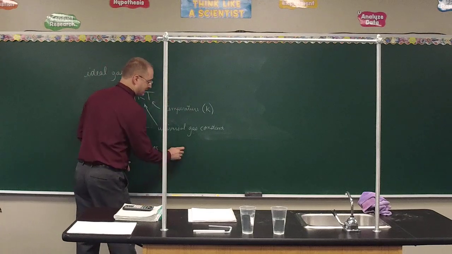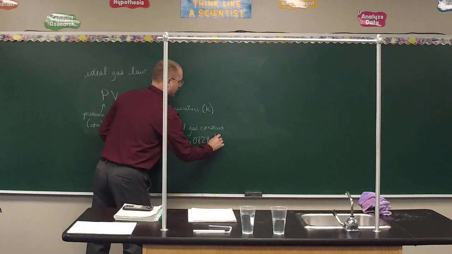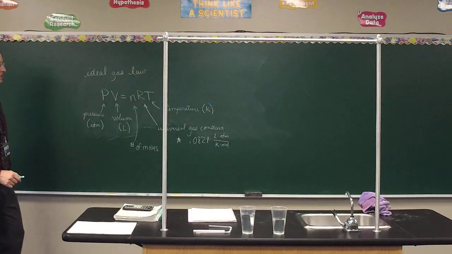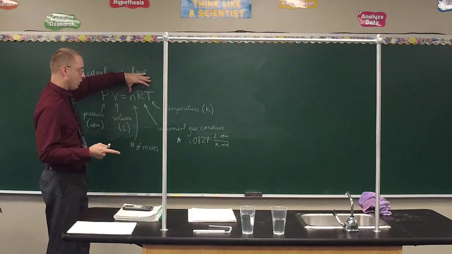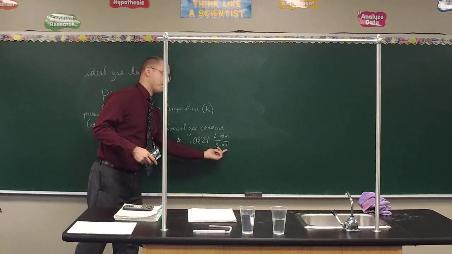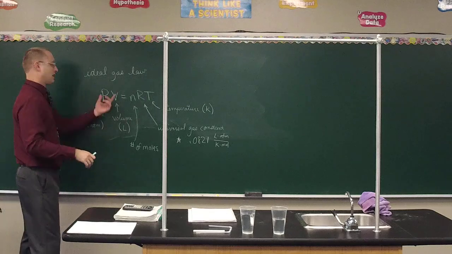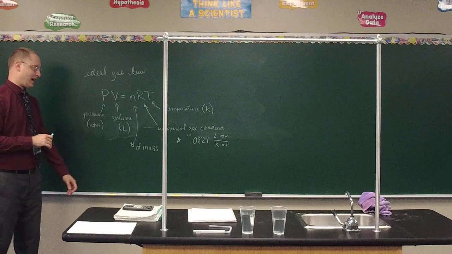And as the universal gas constant, you need to memorize this number, 0.0821 liters times atmospheres over Kelvin times moles. You'll notice that these units allow everything to cancel out. On the same side of the equal sign, we have moles and Kelvin. Well, the denominator cancels those away. And in the numerator, we have a liter and atmosphere, which will cancel with the liter and atmosphere on the other side. This is our ideal gas law.